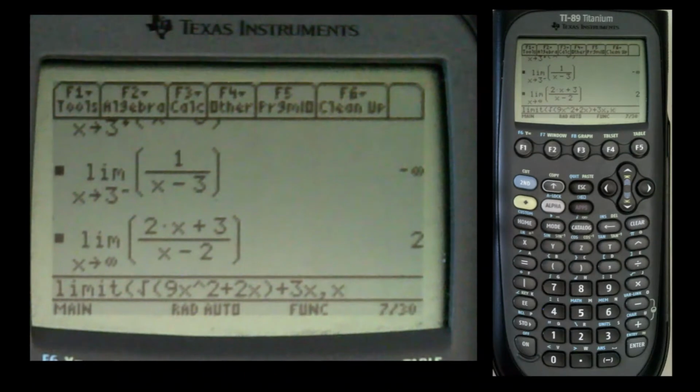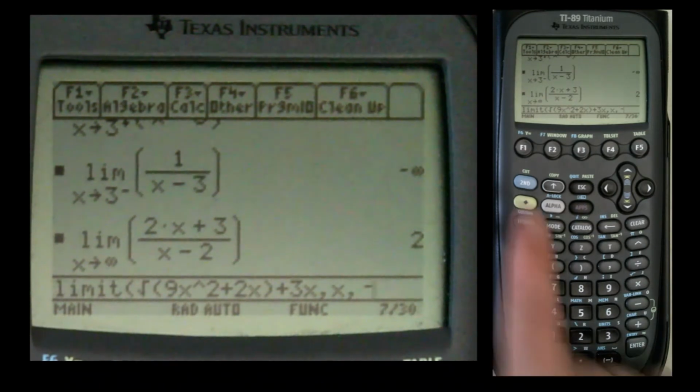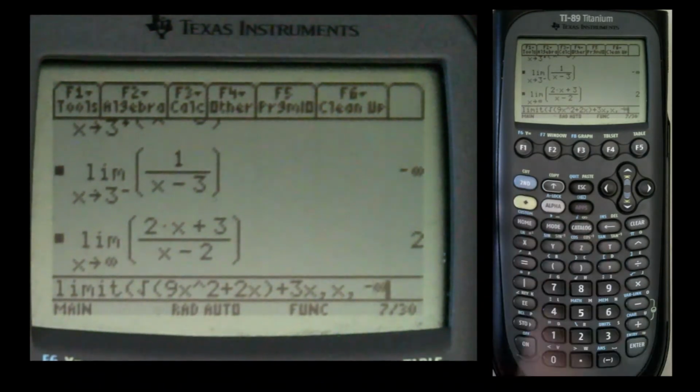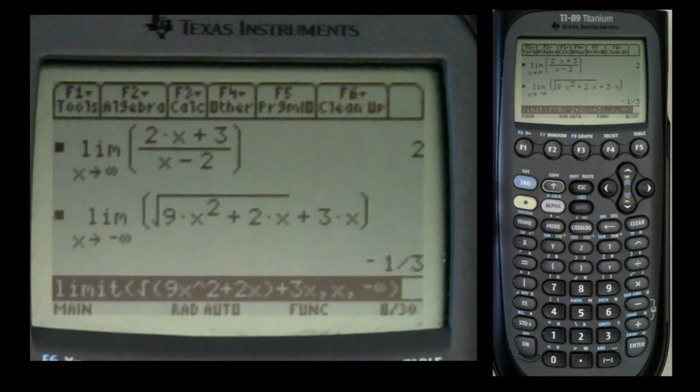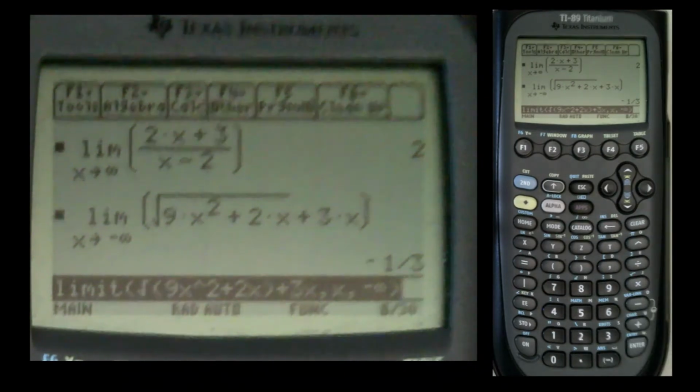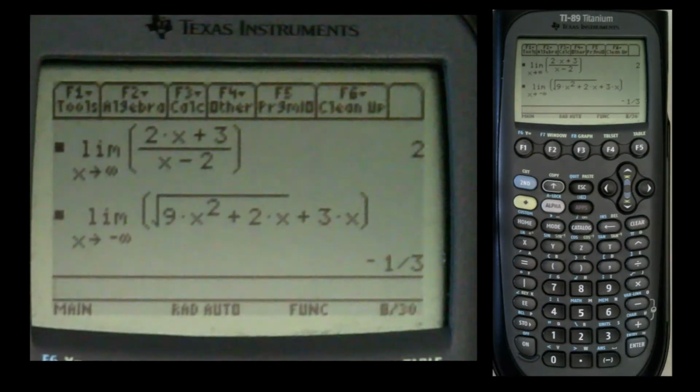X is my variable, and then negative, make sure you use the negative sign and not a minus sign, or else you'll get a syntax error. And then catalog, close the parentheses, and you can see that you get negative 1/3 as your answer. So that's limits. Let's move on to the next thing.